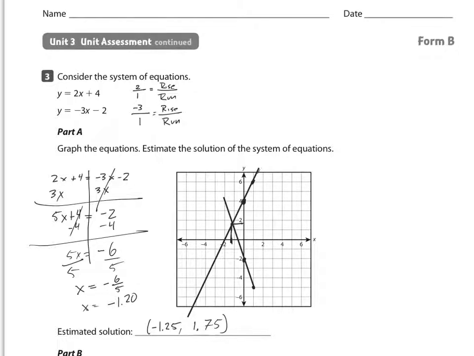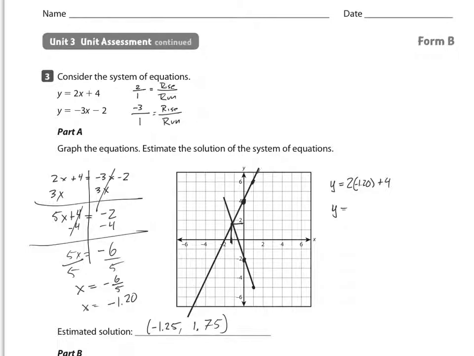Okay? So on my estimation, we're off by about 0.05, which is totally fine. And now the only thing you need to do is plug it in to any of the equations. So you have y is equal to 2 times negative 1.20 plus 4.